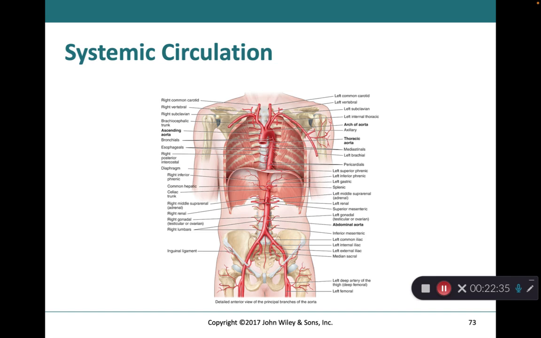Okay. Then we have the celiac trunk here, and it has a few things coming off of that. Okay, so we have the left gastric here. Okay, left gastric artery that feeds the stomach. Okay, the splenic artery. So this kind of larger one coming off of that celiac trunk here.